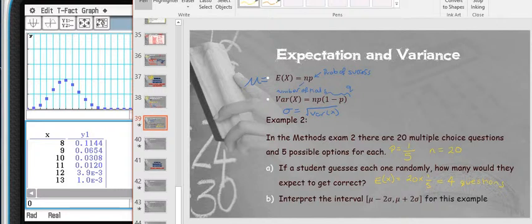Okay, we now want to interpret this particular interval here, the mean minus 2 times the standard deviation. So let's first work out the standard deviation.